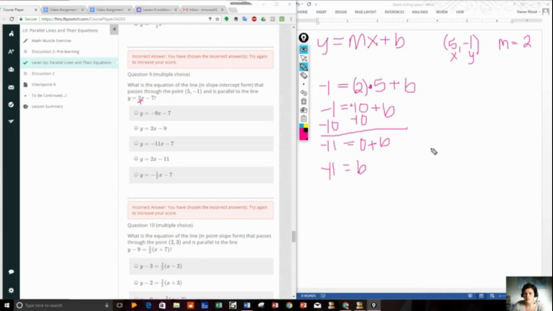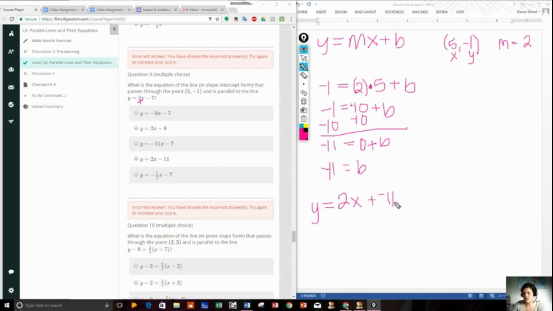So now if I want to come up with the generic equation, we are going to leave y and x in for the generic equation, and we're going to plug in our m and b. So m is 2, and we're going to leave the x for a generic equation, and our b plus negative 11.